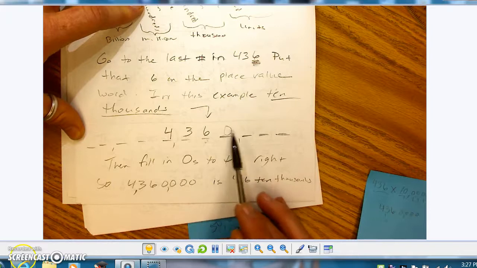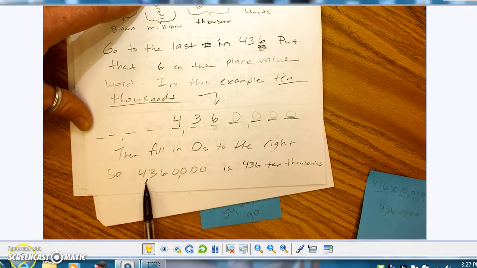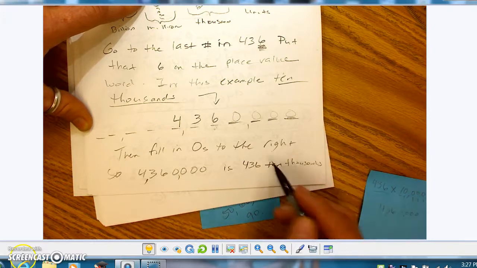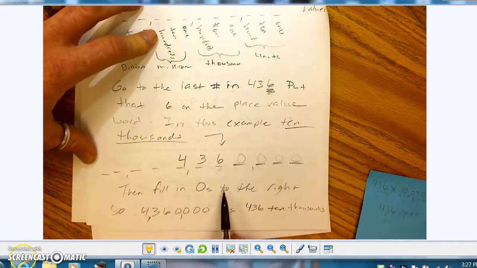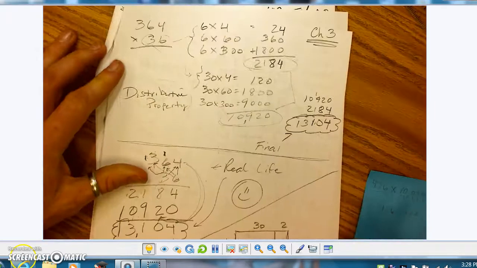I end up getting my same number. 4,360,000 is 436 10,000s. So I used to like it this way, the hangman way, but some kids end up liking it this way. Whatever you like.